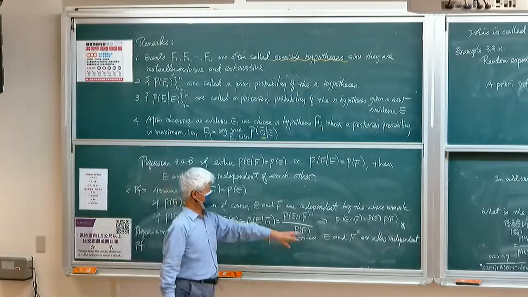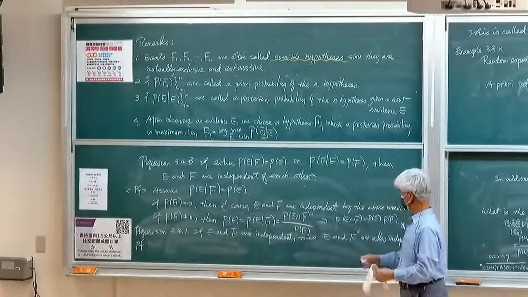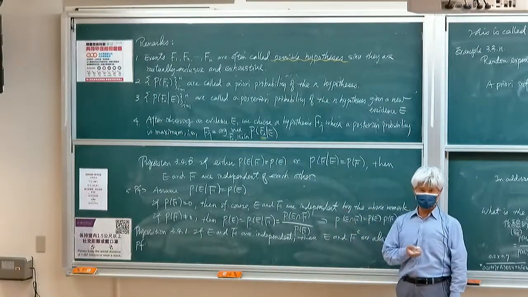So given F complement, the conditional probability of E is equal to the unconditional probability of E.